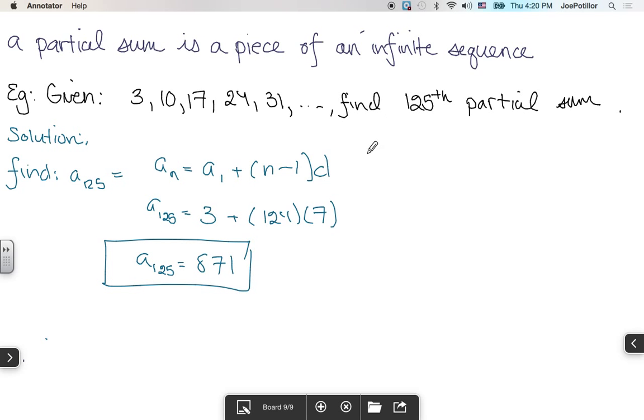From here, the partial sum equals 125 over 2, because n is 125, times (a sub 1, which is 3, plus a125, which is 871). So it ends up being 874 divided by 2, 437, times 125, which is 54,625. So we get 54,625 for our sum.